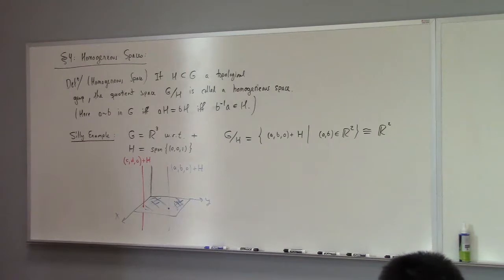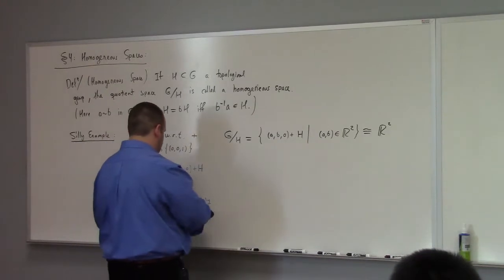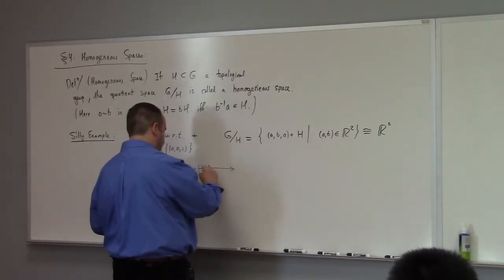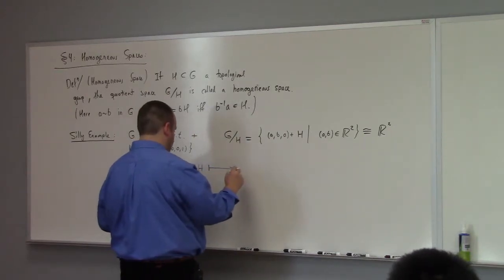Well, if it's a G action, then you just translate by a vector.